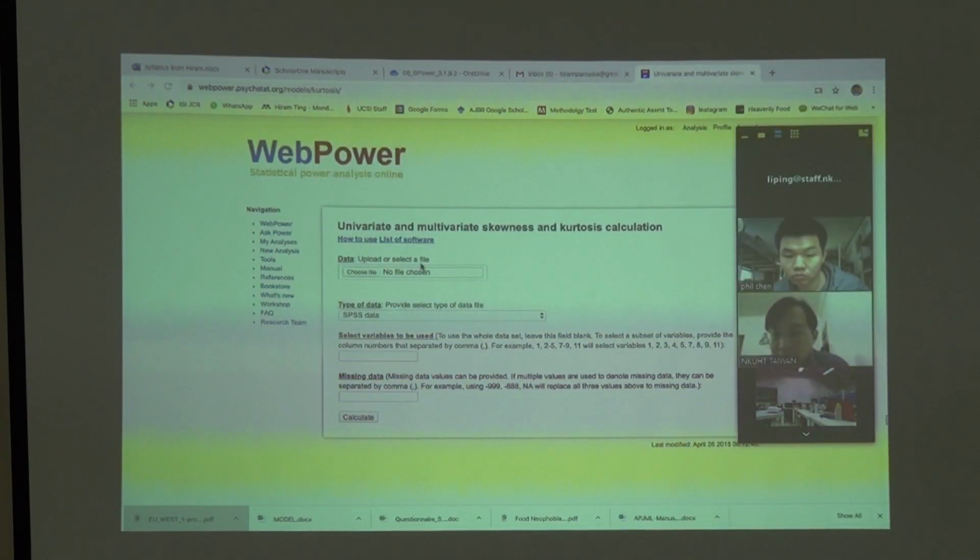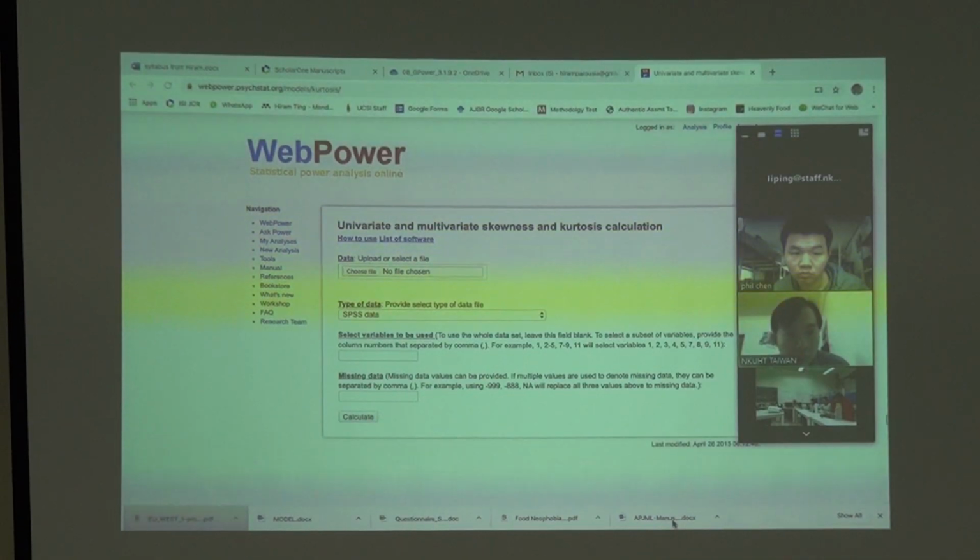So the first one, upload or select a file. So what you do? Choose file. Make sure I saved my file yesterday.